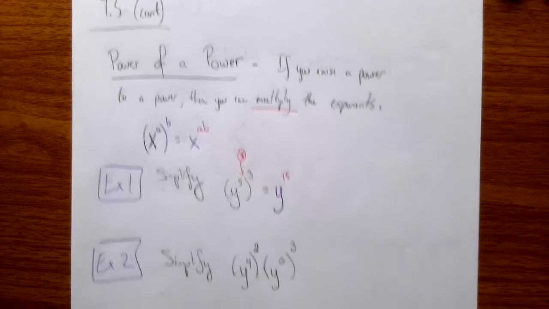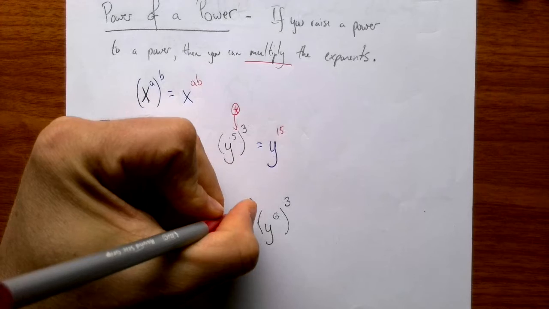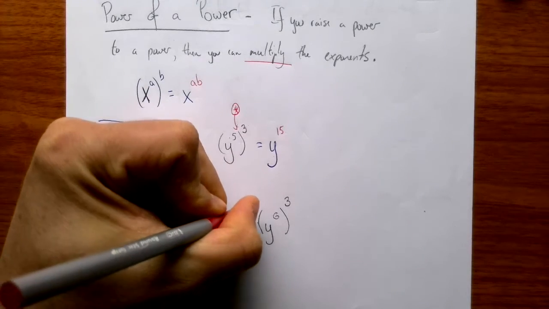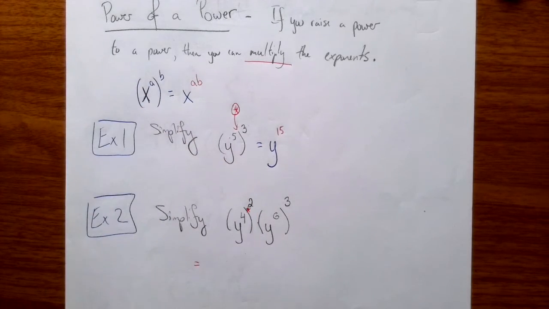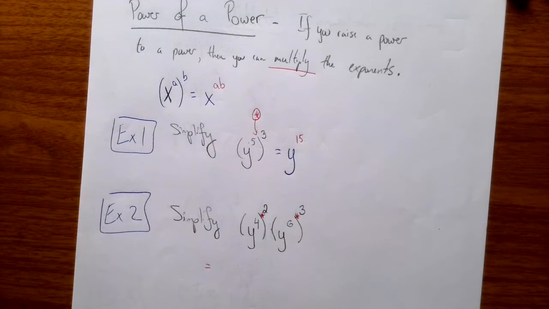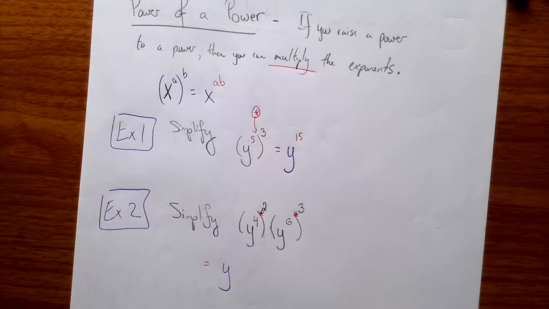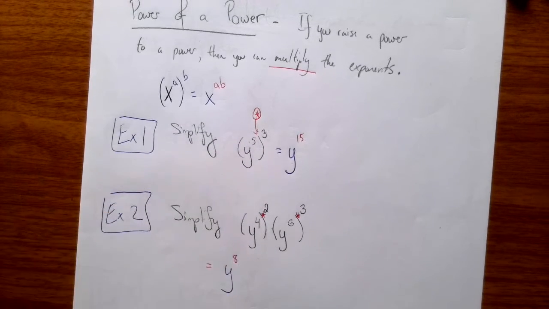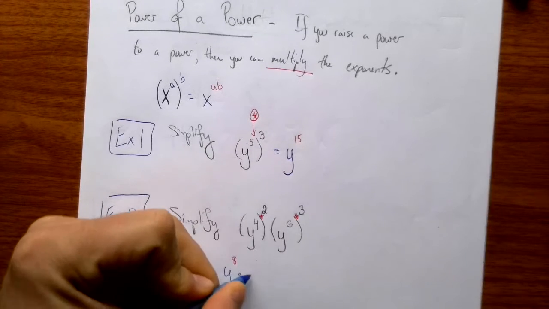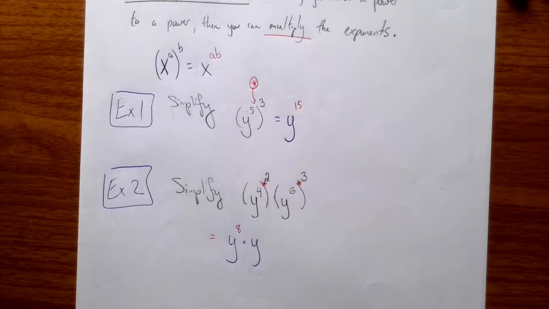On the next example, we have two separate instances of powers being raised to powers. We have y to the 4th being raised to the power of 2, and we have y to the power of 6 being raised to the power of 3. Of course, 4 times 2 is 8, and of course 6 times 3 is equal to 18.